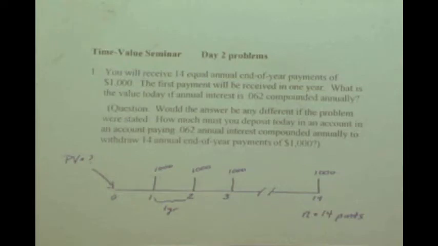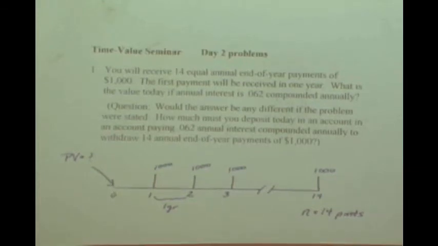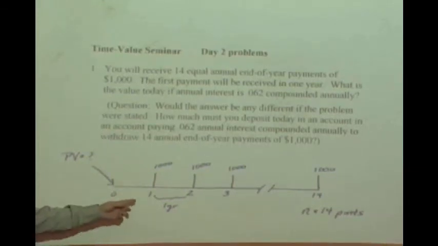So, our first problem, we're going to receive 14 end-of-year payments of $1,000. What is the value today if interest is 0.062 compounded annually? Well, here's the timeline. The first payment is one period away.